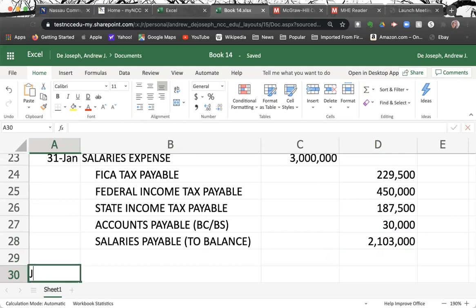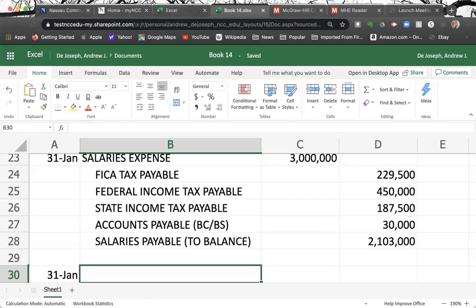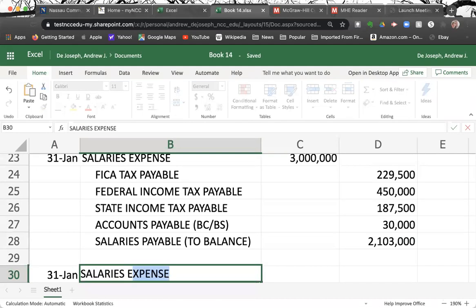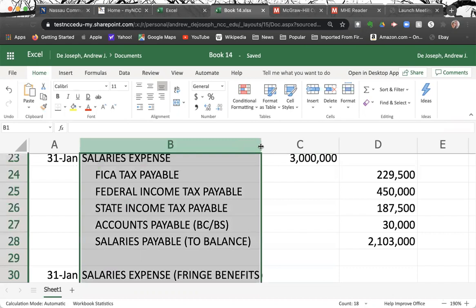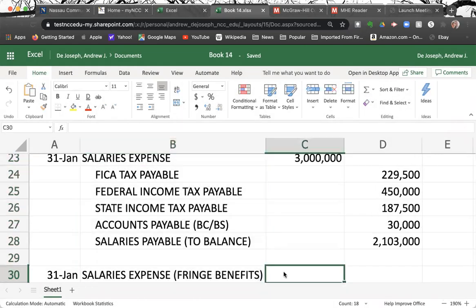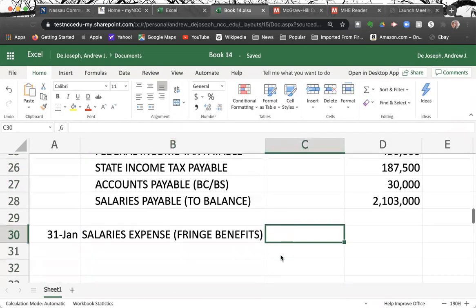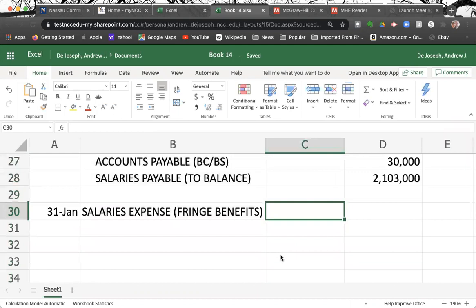The second entry is for the fringe benefits. So we debit salaries expense for the fringe benefits, right? Now, what are the fringe benefits that the employer is paying?